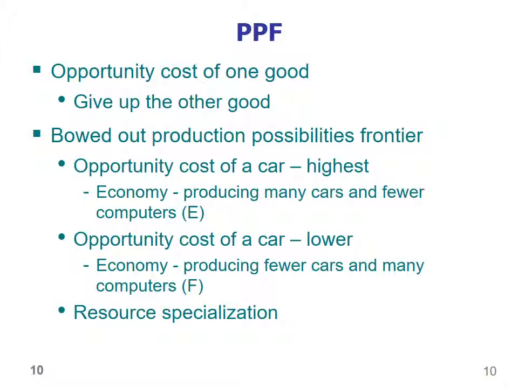So you're giving up a lot of computers to get only a few cars. Thus, the opportunity cost of cars at point E, in terms of computers given up, is very high. Try to think of the reason why the opportunity cost of cars is so low when you're at a point like F.